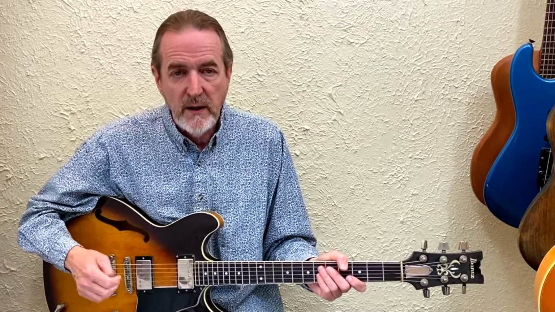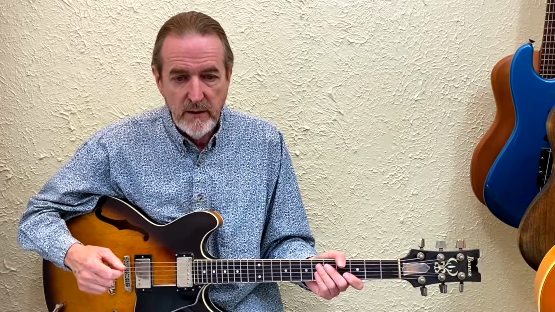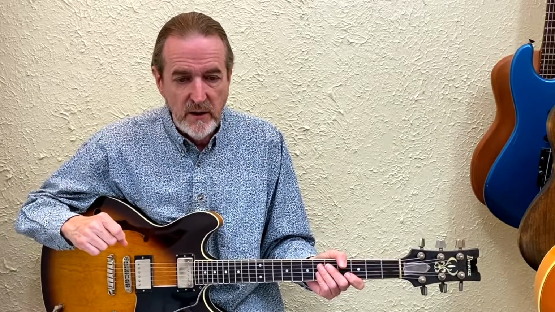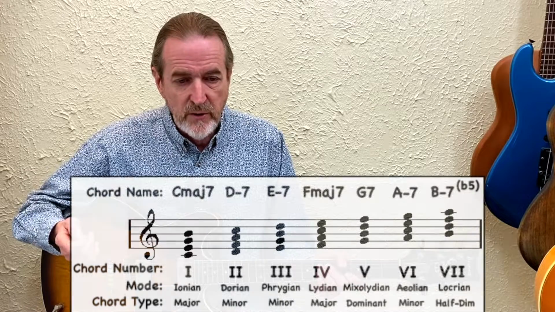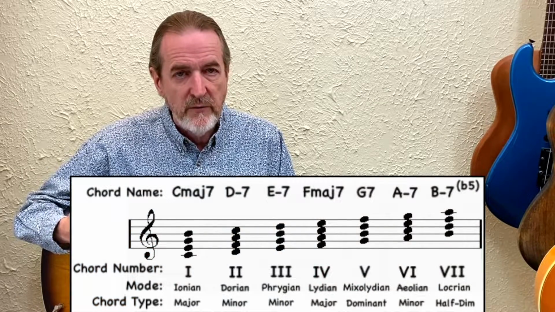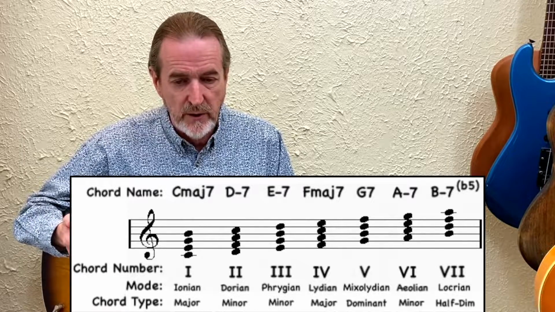We're going to play scale tone 7s in the key of C, and along the bottom here, you'll see the chord names, the scale degrees, the chord types, and the modes that correspond to each scale degree.